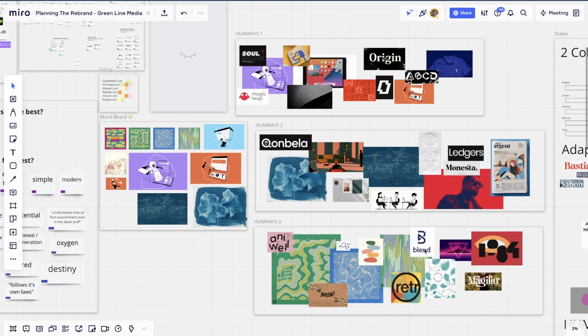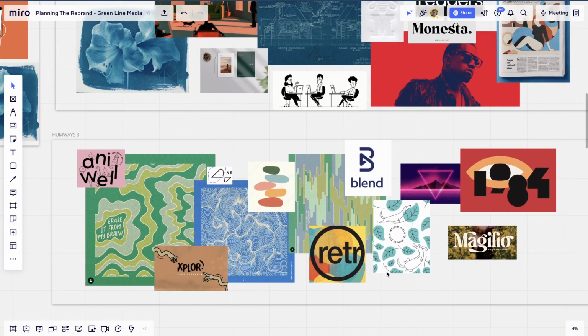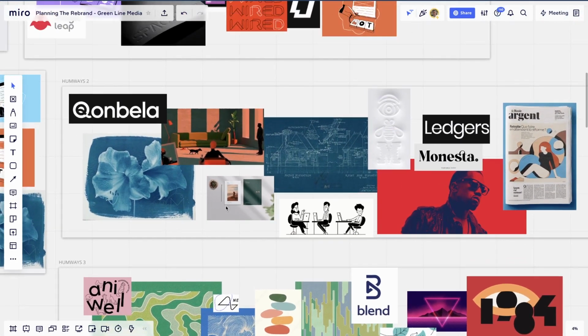This one kind of has that hippie vibe to it. It's kind of got that artsy vibe to it. This one here is a little bit more contemporary and professional looking, but it still has these nice duotones, this sinograph here, some art. So it's kind of a more refined look.